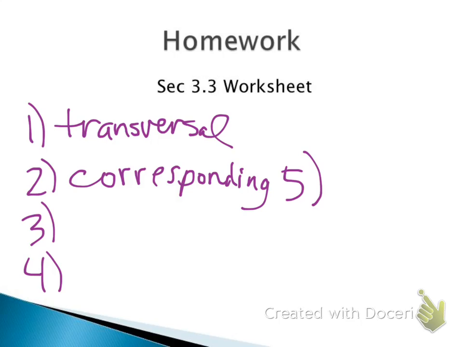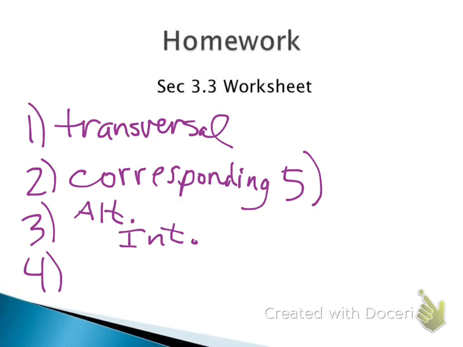Great. Number 3, 2 angles are blank if they lie between the 2 lines on the opposite side of the transversal. Yes, they're alternate. It said they're on the inside. Interior, good. 3 is alternate interior. Number 4, 2 angles are blank if they lie outside the 2 lines on opposite sides of the transversal.